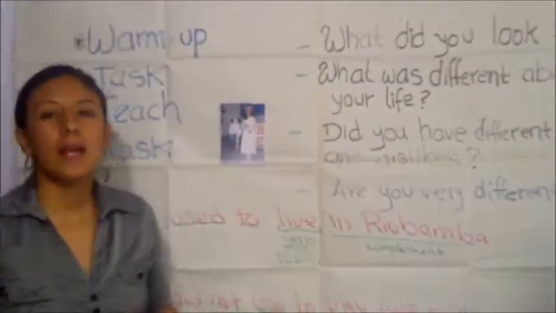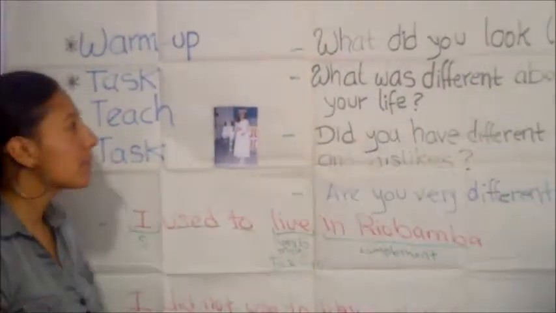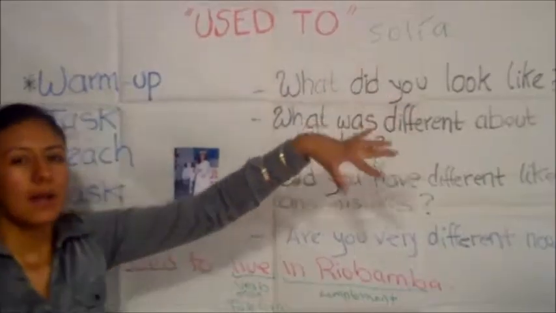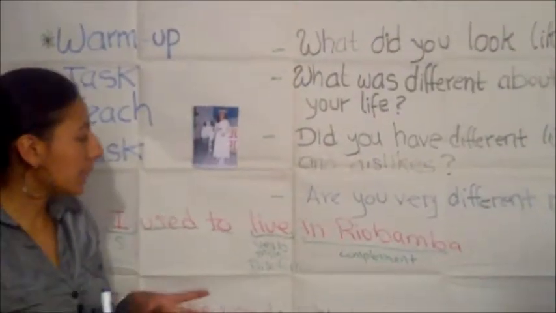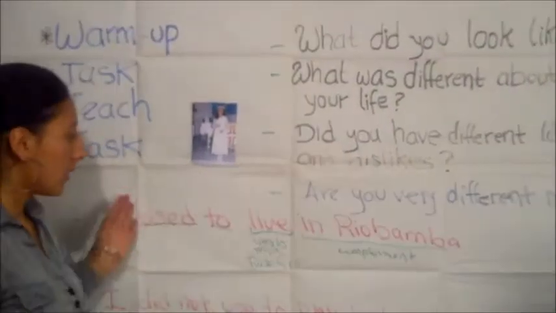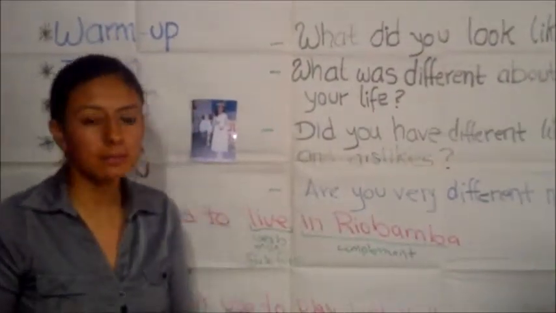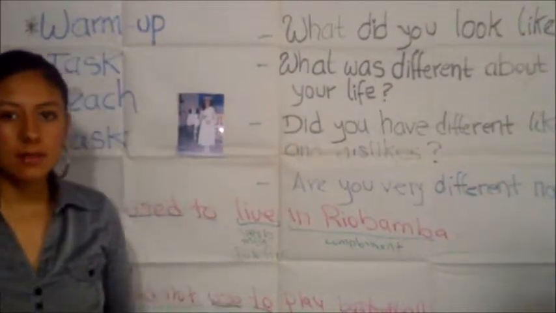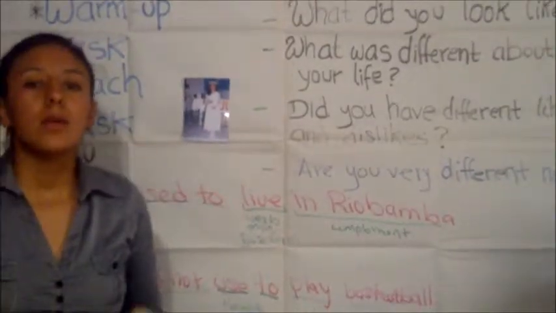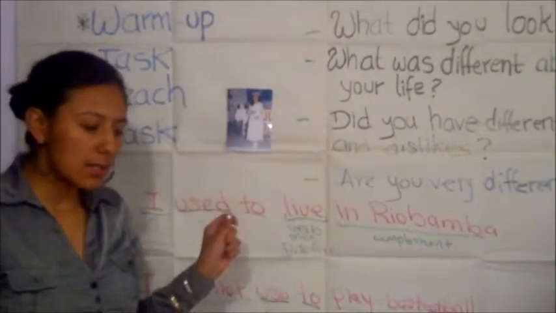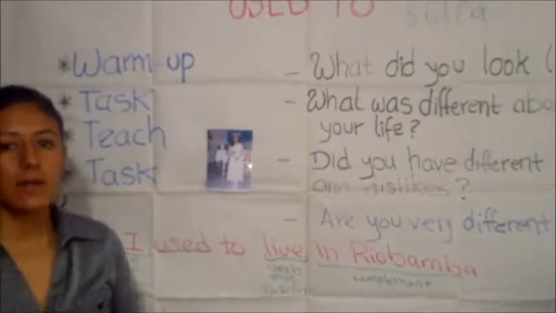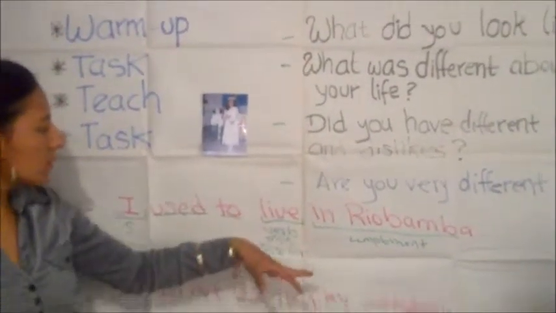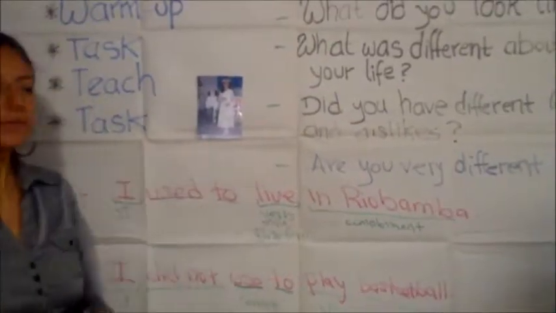But also I consider that it is important to mention that used to in Spanish means solía, because the students can understand the meaning of the sentence in a better way. After that, in order that the students can practice the grammar, you can ask them to write some sentences. For example, you can ask them to write 2 negative and 2 positive sentences.